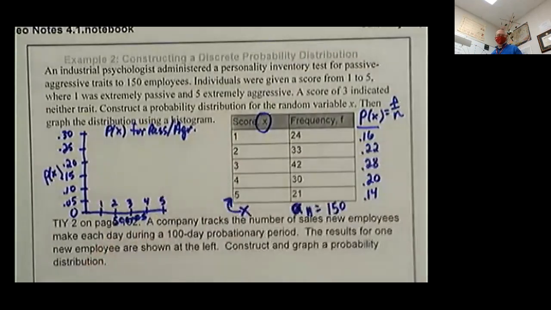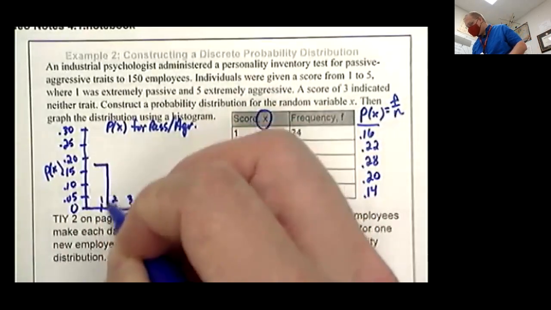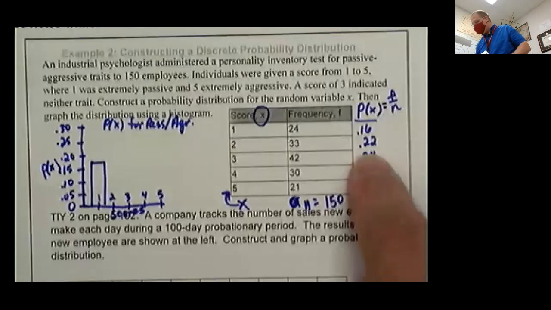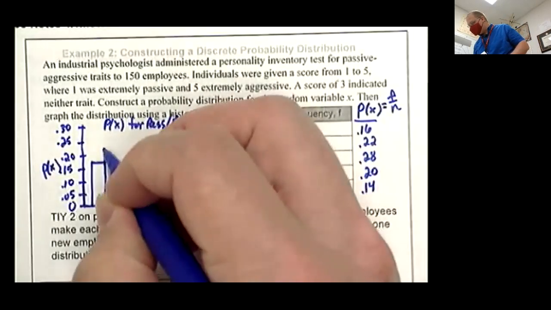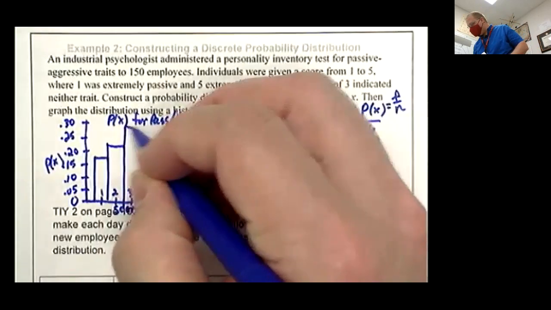Didn't have much room. And then we're going to just make a bar graph. But again, these are going to be attached bars because these are all together. So for 0.16, that's just above 0.15. So there's our 0.16, and we have a 0.22 for 2. We have a 0.28 for 3.